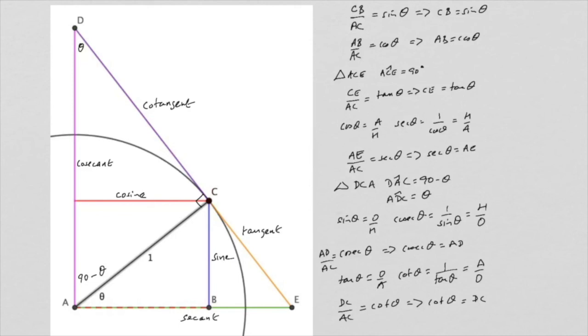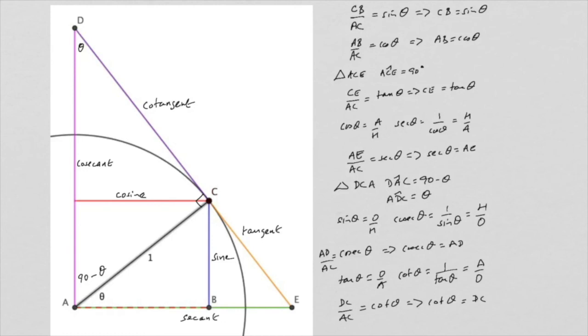So that's where these things lie on the unit circle. We already knew where cos and sine were. You may have seen the tangent being shown as the section from C to E. Note, of course, I'm not sure if I mentioned, but the line DCE is a tangent at the point C to the circle.